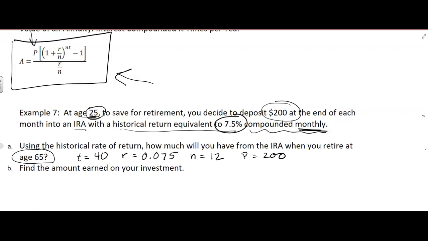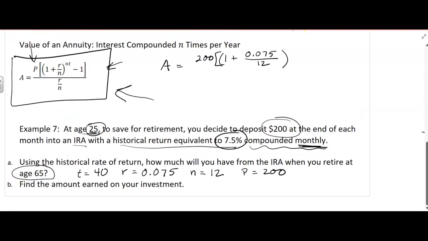Okay, so let's see, where can I put this so you can see it really well? How much money am I going to have? I'm going to use the formula right here. It's going to be 200 times 1 plus 0.075 divided by 12 to the power of, now it's going to be n, n was 12 times 40, because it's 40 years, right?